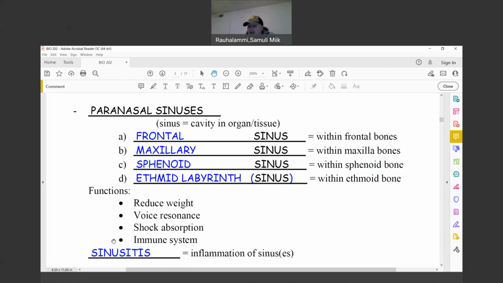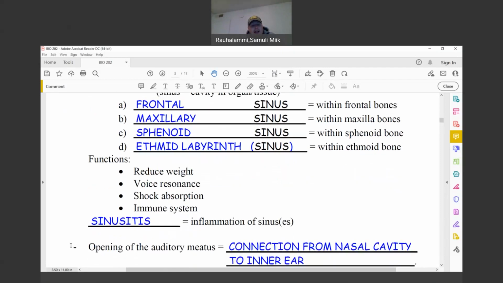So having said all that, one more structure that I do want to highlight is the opening of the auditory tube at the nasal cavity. This is a connection to the middle ear from your nasal cavity. And this connection is important because you remember the tympanic membrane separates the middle and outer ear. And for example, when you drive or take a plane and move to higher elevation, you might have your ears popping.